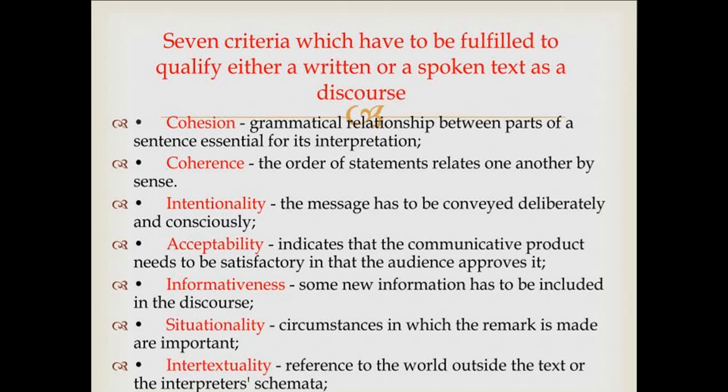Acceptability indicates that the communicative product needs to be satisfactory in that the audience approves it. Informativeness: some new information has to be included in the discourse. Situationality: the circumstances in which a remark is made are important. Intertextuality: reference to the world outside the text or the interpreter's schemata.